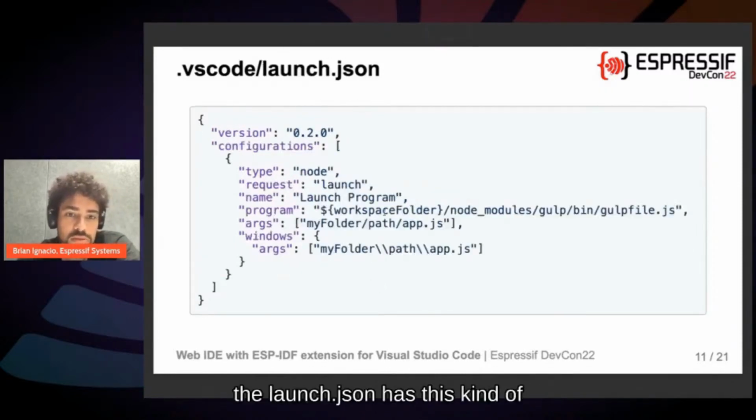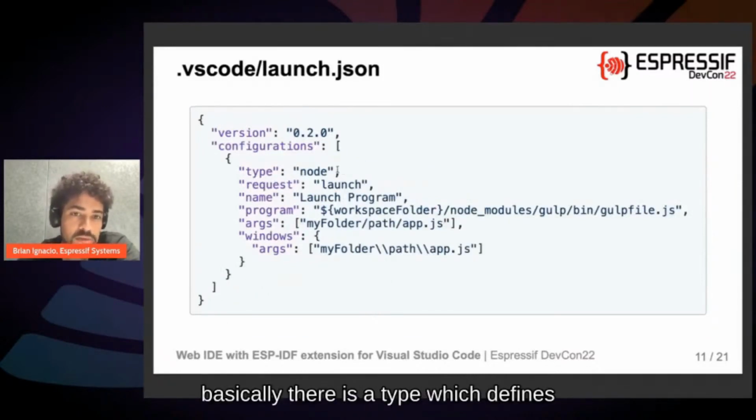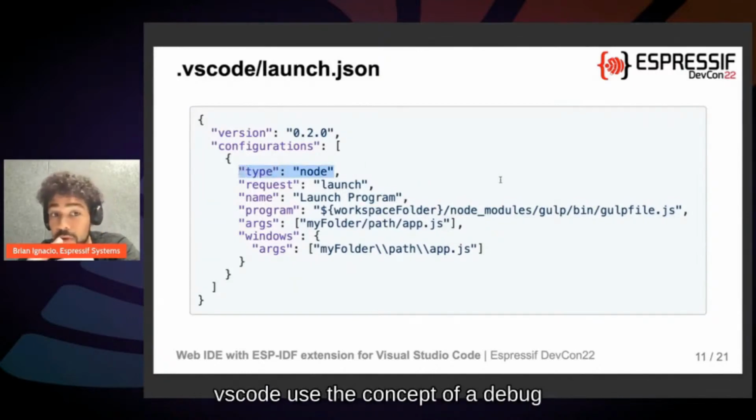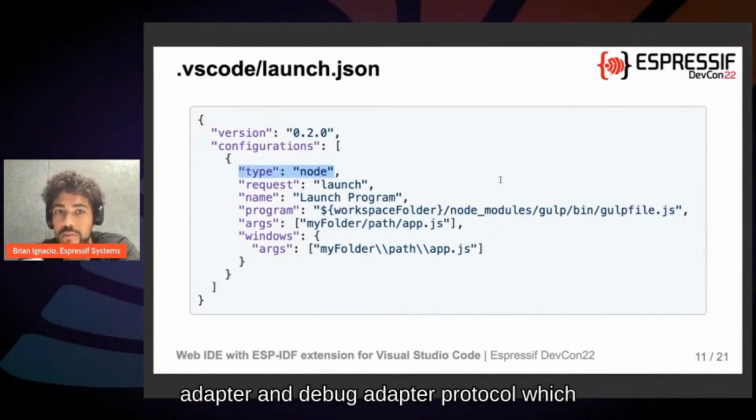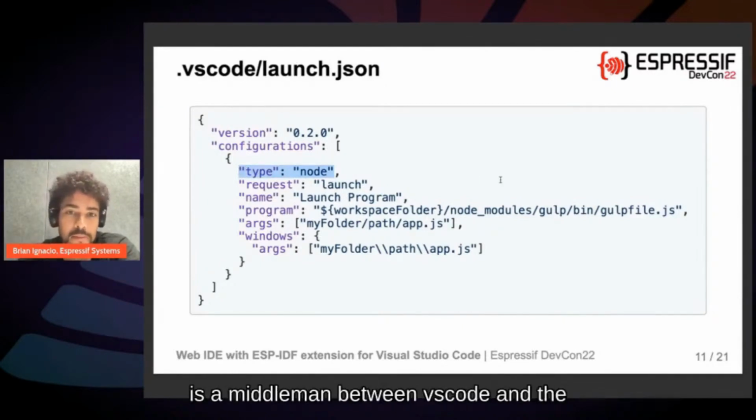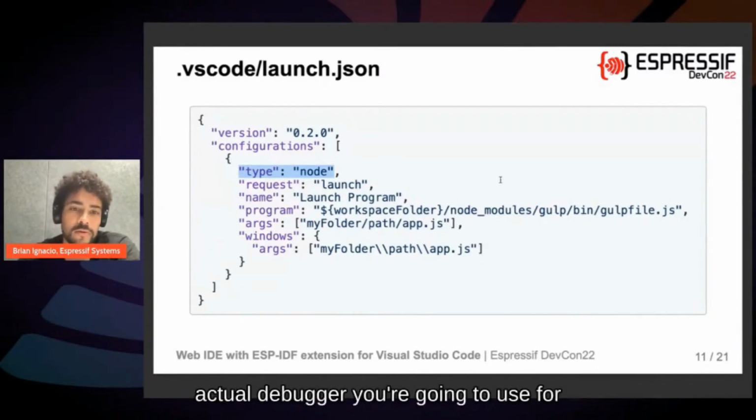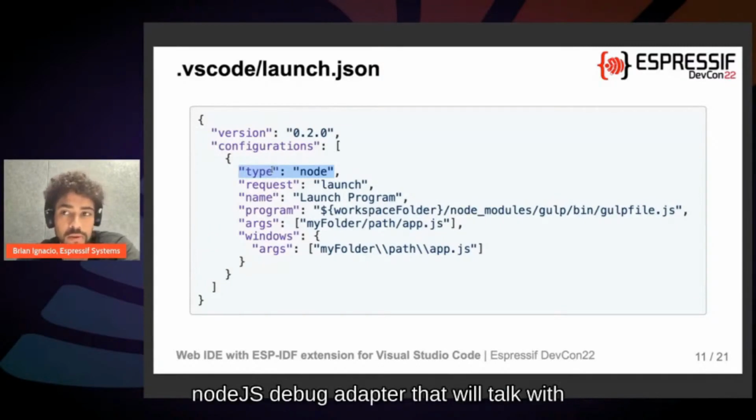The launch.json has this kind of definition. Basically, there is a type which defines the kind of debugger you're going to use. VS Code uses the concept of a debug adapter and debug adapter protocol, which is a middleman between VS Code and the actual debugger you're going to use. For example, for Node, VS Code uses a Node debug adapter that will talk with Node.